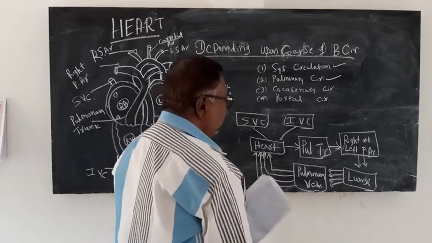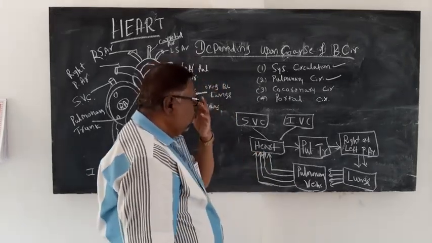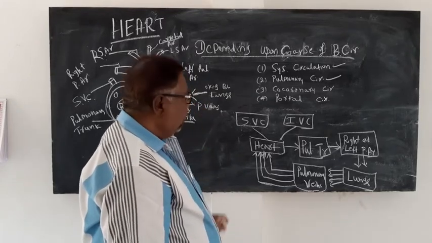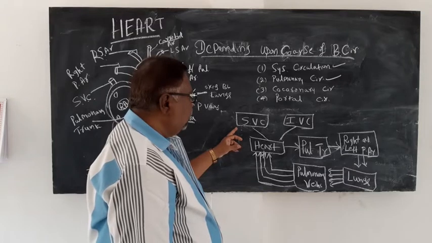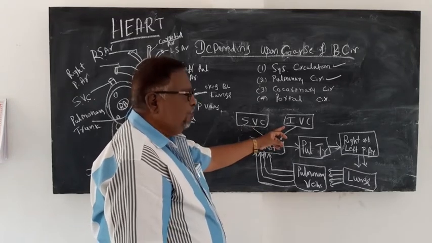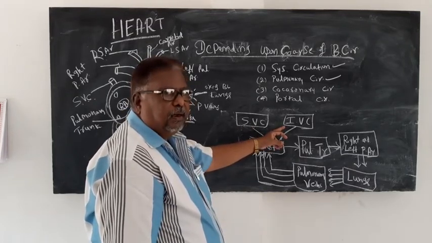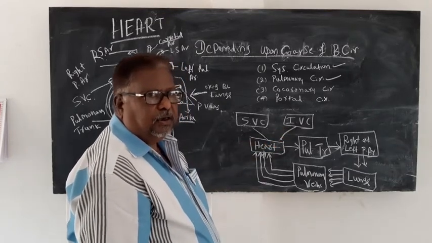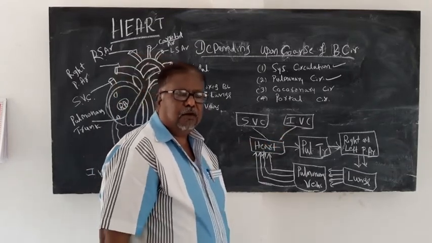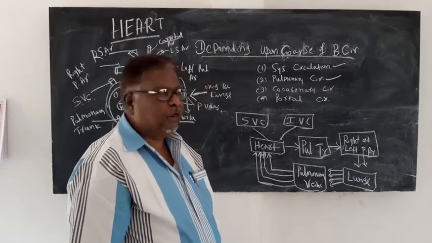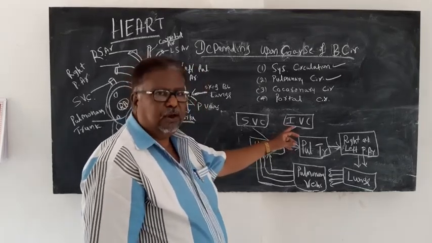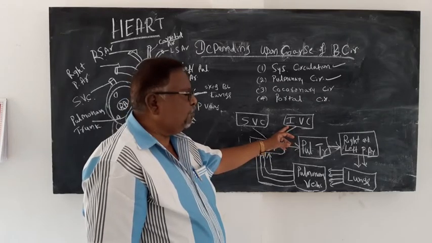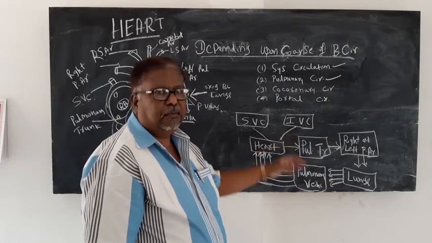So this is the chart for the pulmonary circulation. The blood from the posterior side is brought by the inferior vena cava. The venous blood, after deoxygenation from the tissues, is brought by the veins, and the major veins combine to form the inferior vena cava in the posterior side.